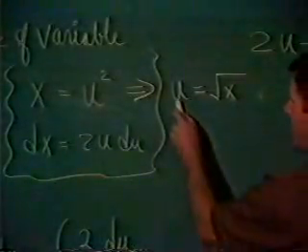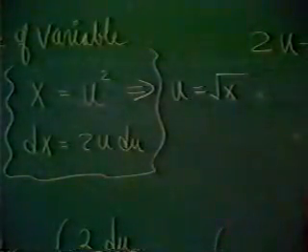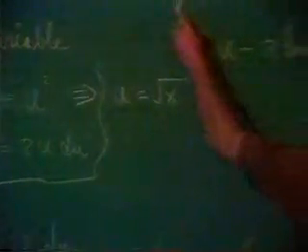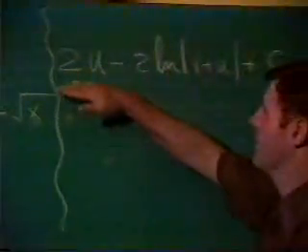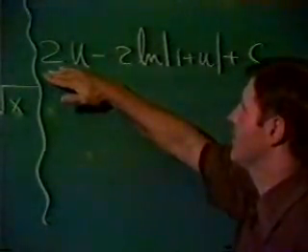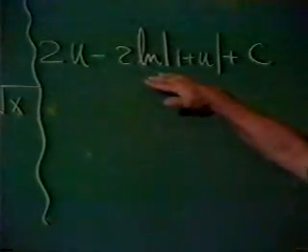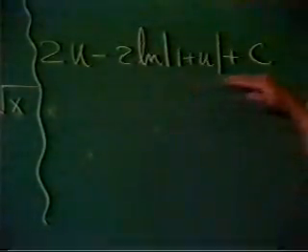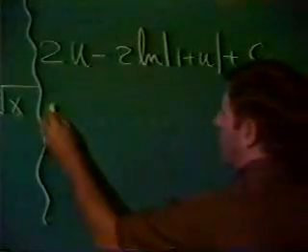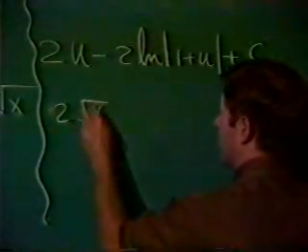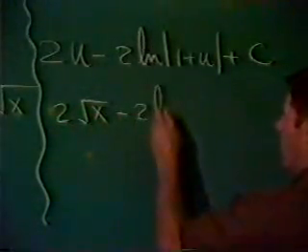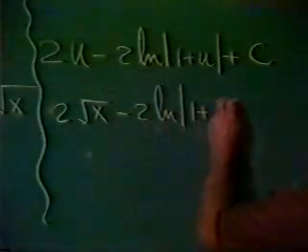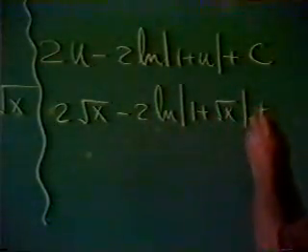So everywhere I have a u, I would have to put the square root of x. Our problem, after our integration was complete, gave us 2u minus 2 times the log of 1 plus u plus a constant of integration. So we would have 2 times the square root of x minus 2 times the log of 1 plus the square root of x plus c.